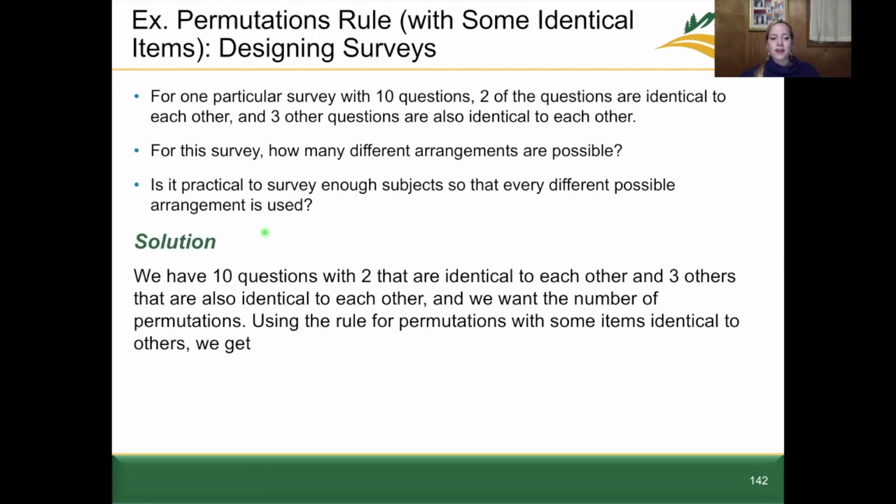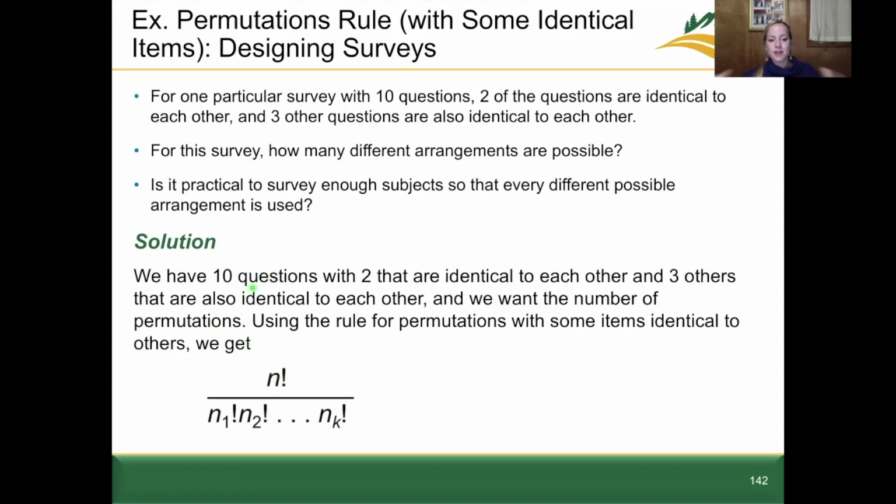So our solution here, we have 10 different questions with 2 that are identical to each other and 3 others that are also identical to each other. To calculate the number of permutations here then, we use this formula we just learned about. Let's try to figure out what these mean, where n is the total number of items. So here, n is 10.